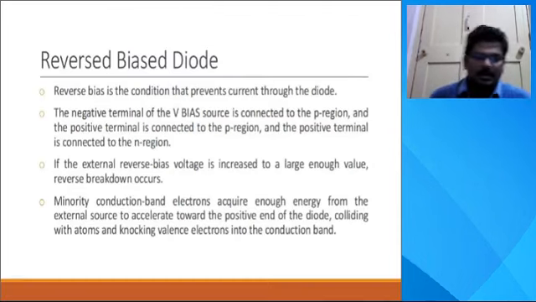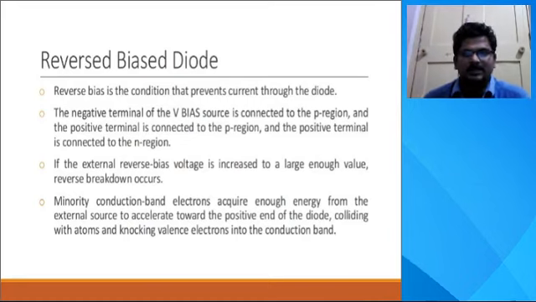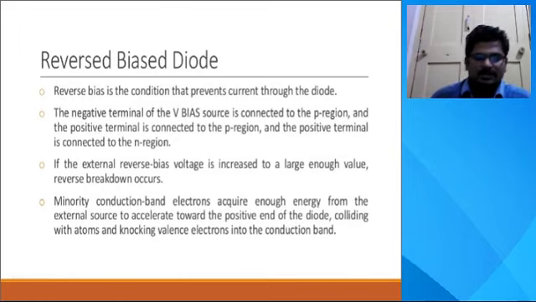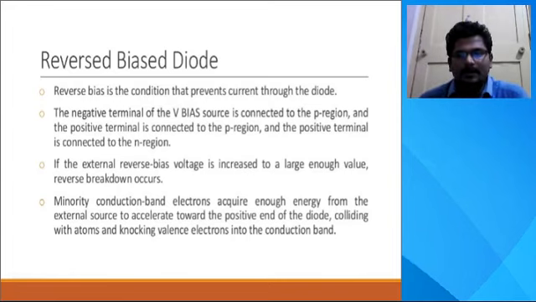So we discussed here that reverse bias is a condition that prevents current through the diode. The negative terminal of the voltage bias source is connected to the P region, and the positive terminal is connected to the N region, as I mentioned here.